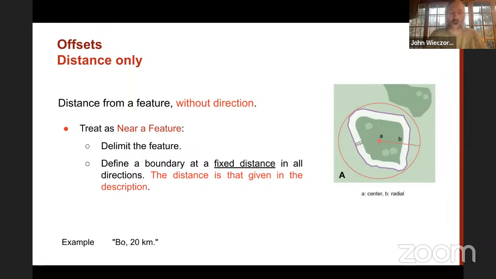So somewhere within 20 kilometers of a place called Bow, which means we can draw a buffer around the feature called Bow of 20 kilometers and let that be our new feature that we need to use as a boundary and to georeference. So again, distance only means no direction was given. It's just how far from a place.